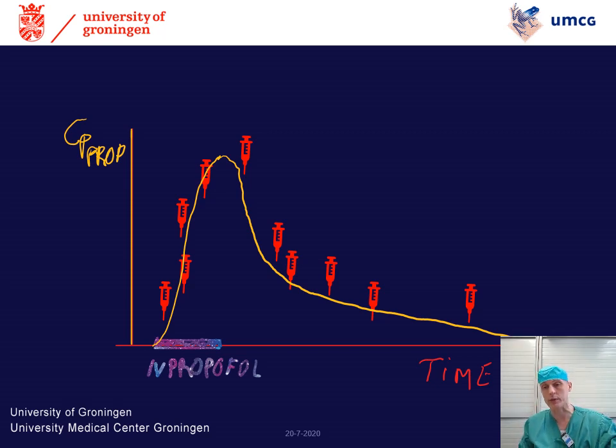Now, for the volatile agents, this is an advantage because you have your end-tidal volatile partial pressure, which is also kind of a representation of the plasma concentration of your volatile, and this is more an individual measurement, whereas we use plasma concentration as a population average from several patients that have been sampled.